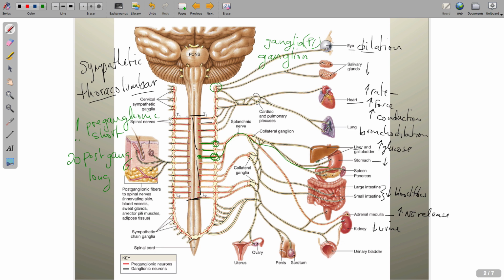The postganglionic fiber is a long fiber, and for every single preganglionic fiber, about 20 leave each ganglion from the postganglionic end. This is going to play an important role later, because sometimes we're going to target divisions inside the ganglionic area, and sometimes we're going to go straight to the end organ with our drug to affect a change. And this is kind of important.